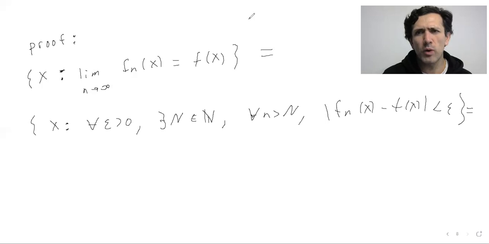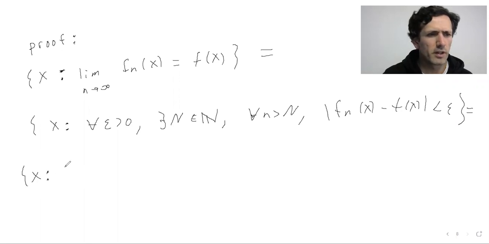What do I mean by that? Well, there exists N in the natural numbers. That's good. The natural numbers are countable. But we can do an obvious thing, and if it's not obvious, you should definitely prove this yourself. So instead of any epsilon positive, let's write it like this.